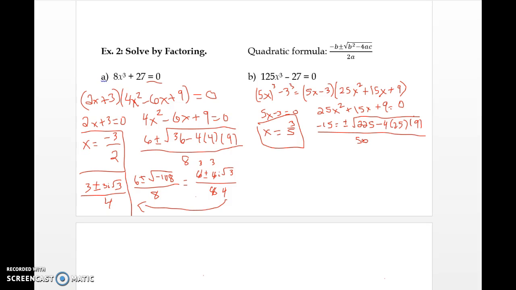So we can simplify this fraction. This gives us negative 15 plus or minus, there should not be an equal sign in there, just a plus or minus, root negative 675 all over 50.